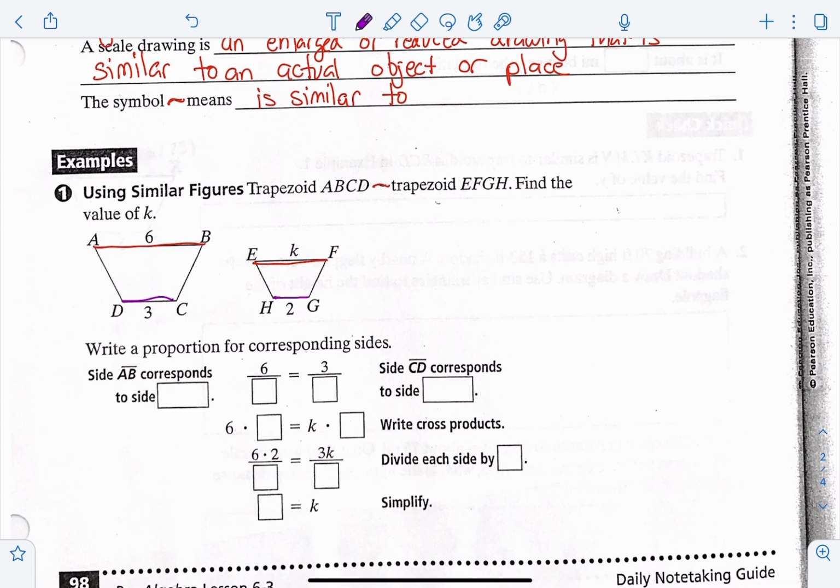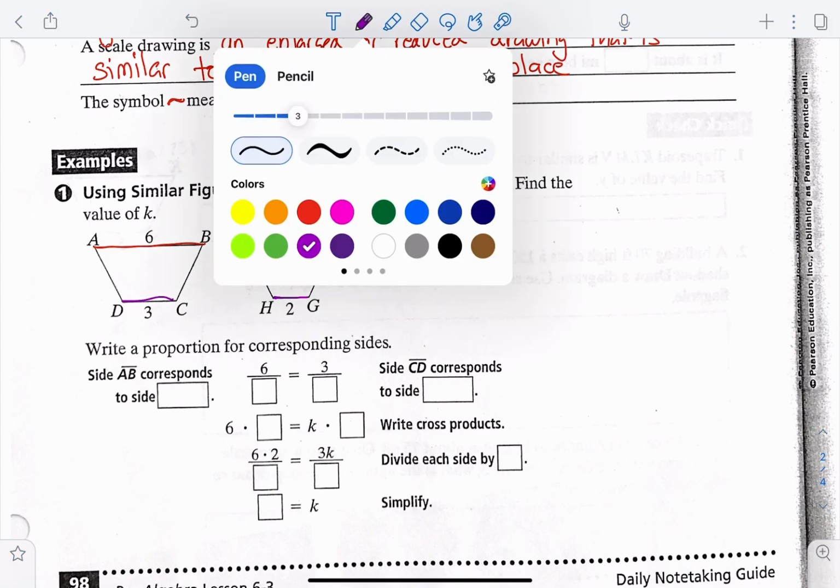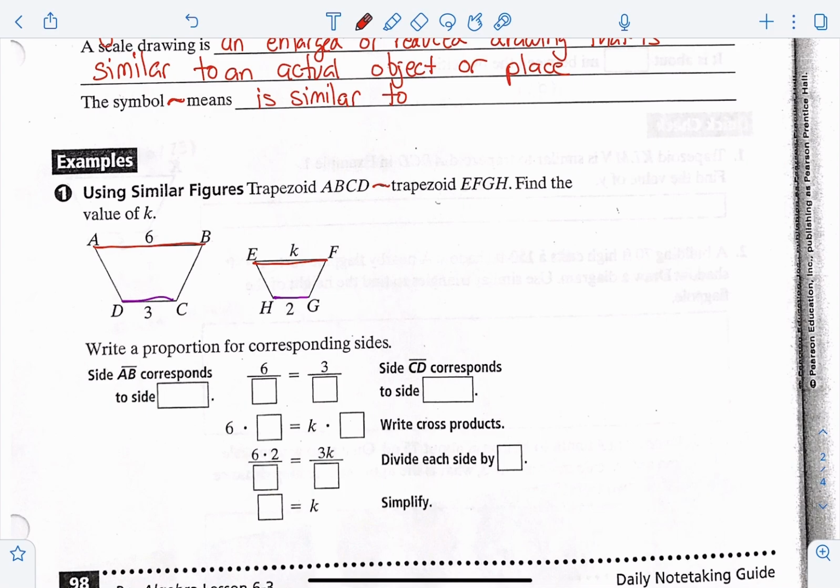So when we're looking at that, we're going to be able to make proportions like how we did in lesson 6-2. So the part of this that you have to pay attention to is that you have to have one particular shape or set that you're pulling from for the top, and one that you're pulling for the bottom every single time. So on here they have 6 and they have 3.